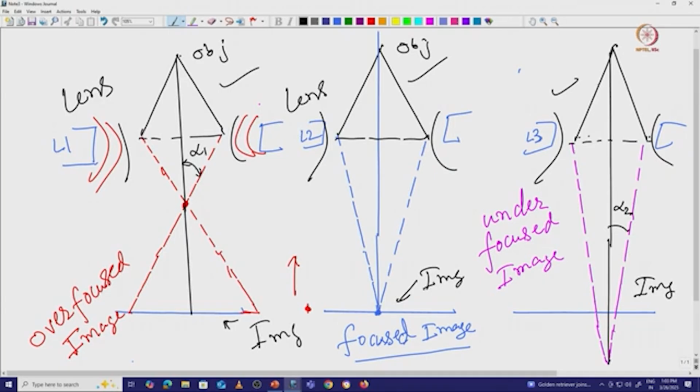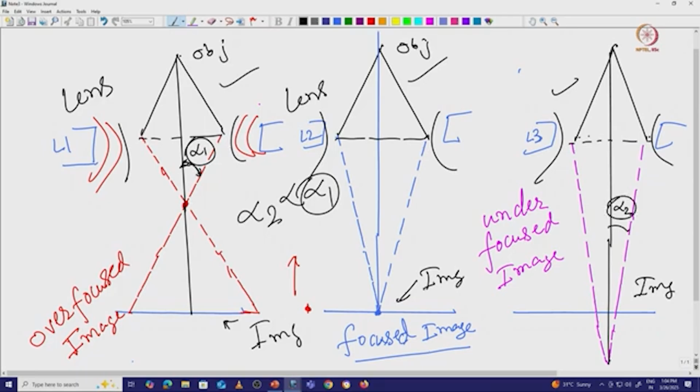So here this alpha 2 will be the over focused image. If you consider that over focused image, alpha 2 will be smaller than alpha 1. This alpha angle here, alpha 1, will be much bigger than alpha 2.